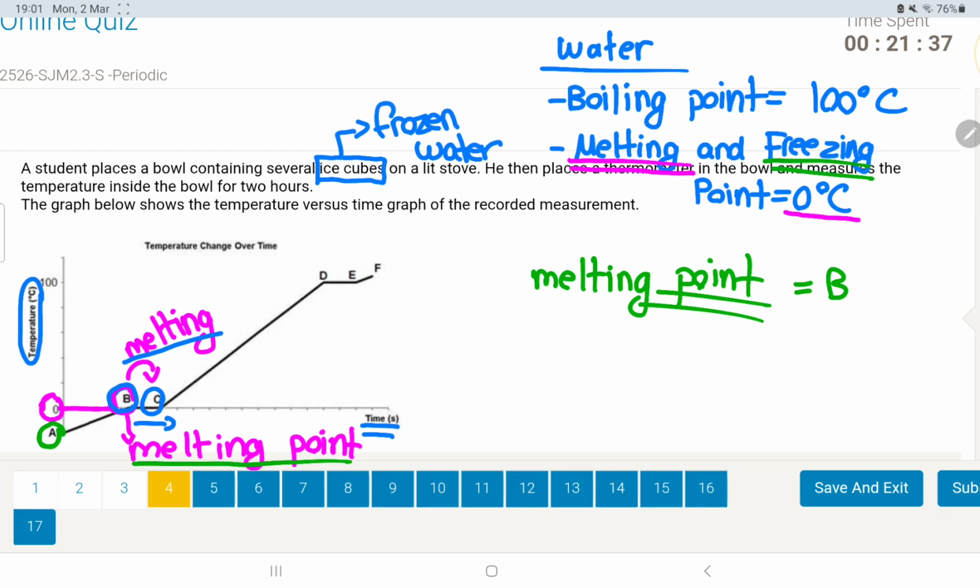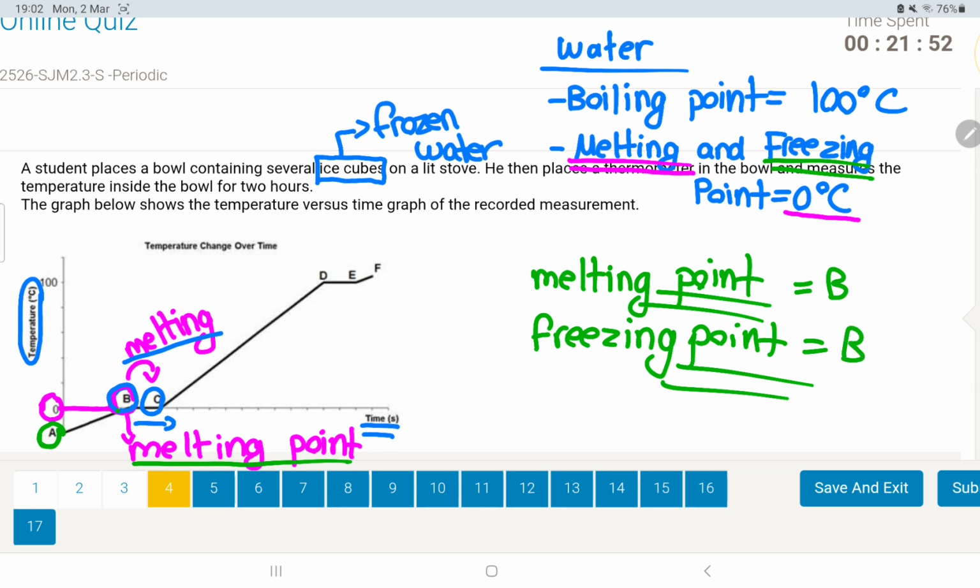So let's rewind the time. Yani B, it's also the freezing point, right? So freezing point, guys, it's also B. Now B to A. A is now below 0 degrees. So khalas, A is ice. But B to A, it's freezing.